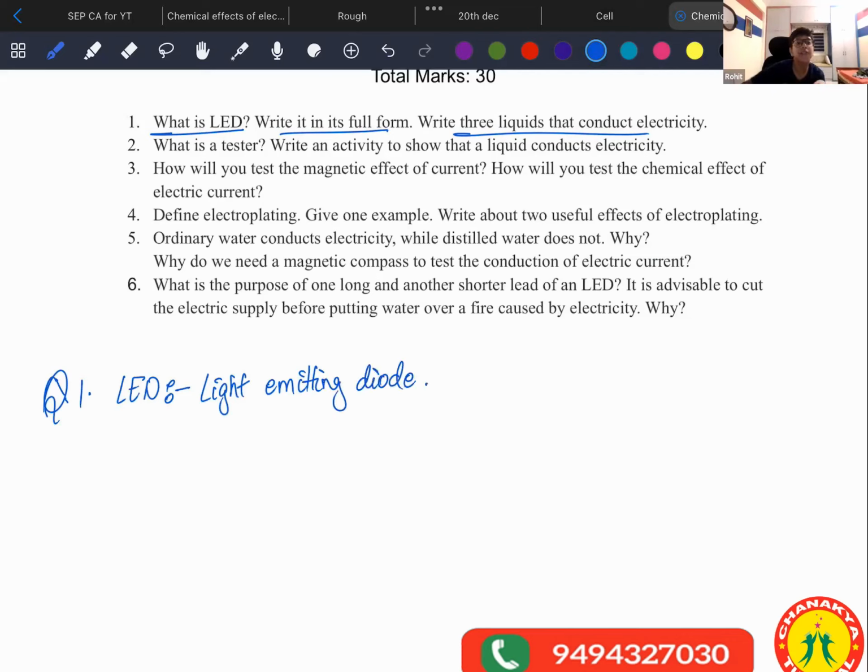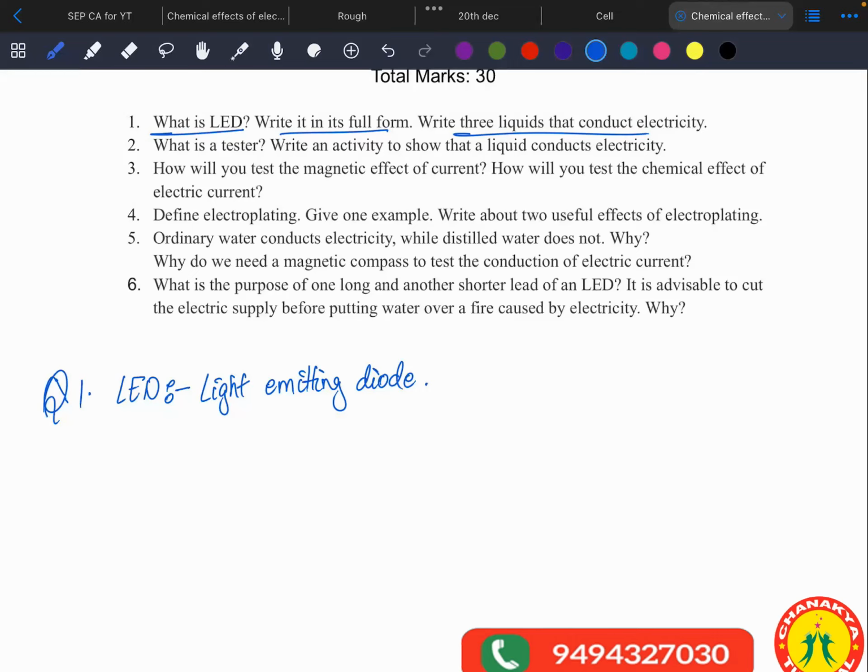Sir, I also wrote sulfuric acid. Is that also right? Okay, you can write sulfuric acid, correct, because it contains H2SO4, which itself is H2 plus and SO4 minus. But don't go over those complex answers, because if you write these in your exam, it will be a little bit of a problem. Only write the examples which are given in your book. Okay, sir.